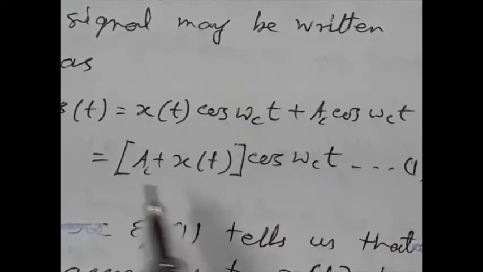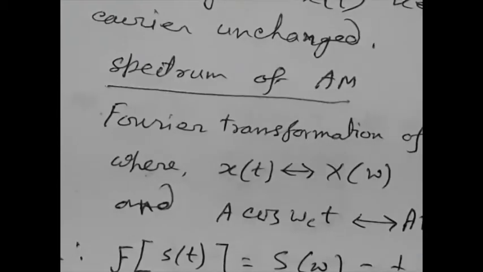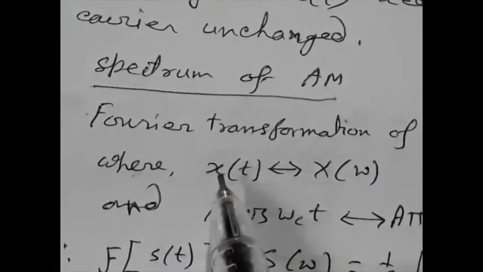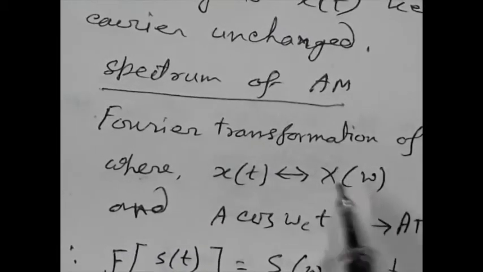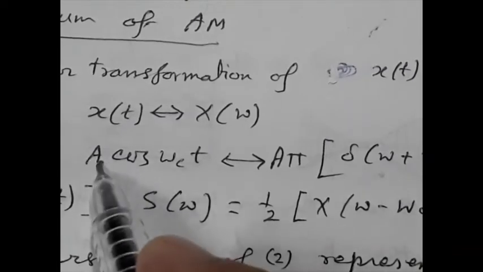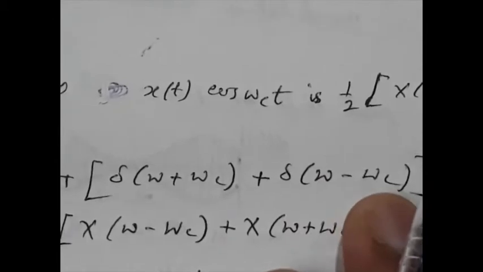This is the expression for the amplitude modulated signal. We have to understand the spectrum of AM. So if the Fourier transform of x(t) is X(ω), then the Fourier transform of A_c cos ω_c t is A_c π [δ(ω + ω_c) + δ(ω − ω_c)].